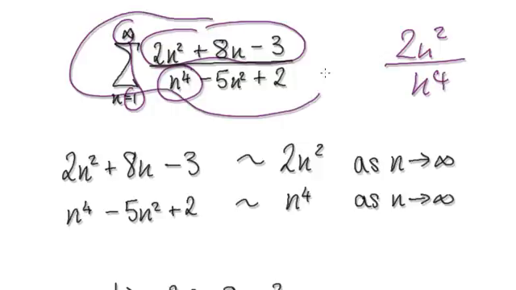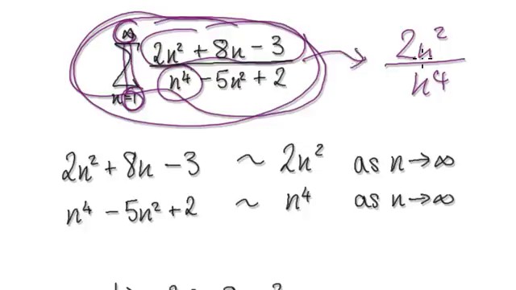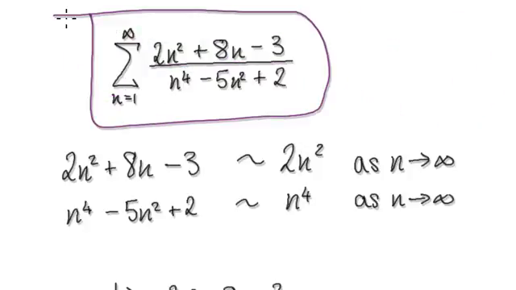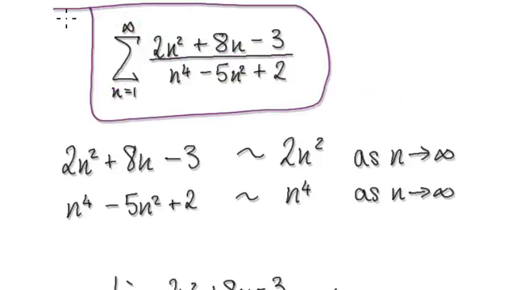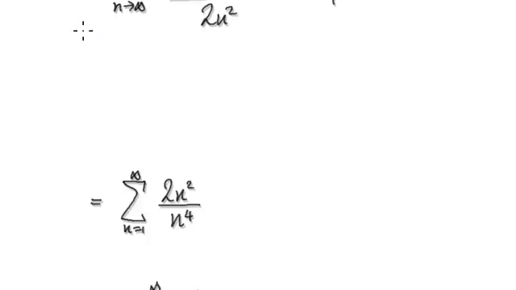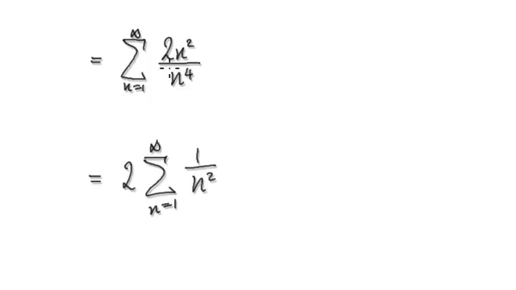You get given something complicated like this, but because n is heading towards infinity, this whole thing here can be considered as this. So now this is easier to work with.